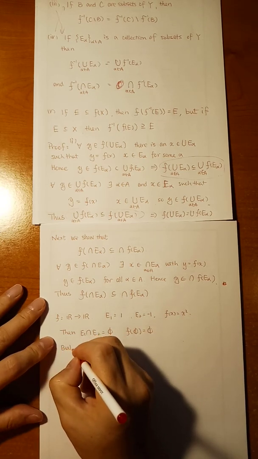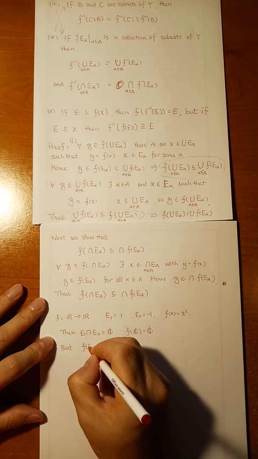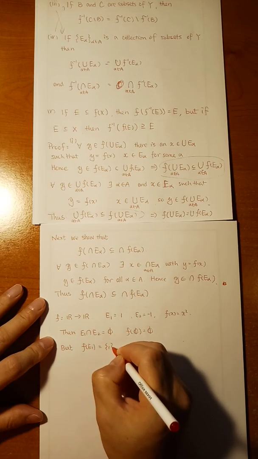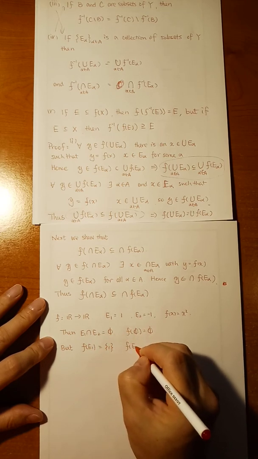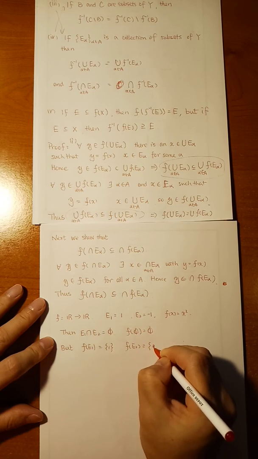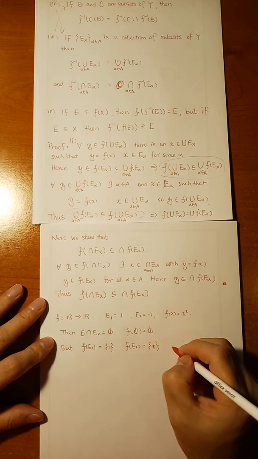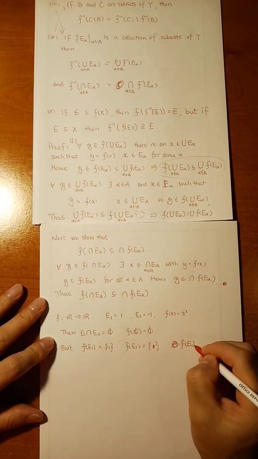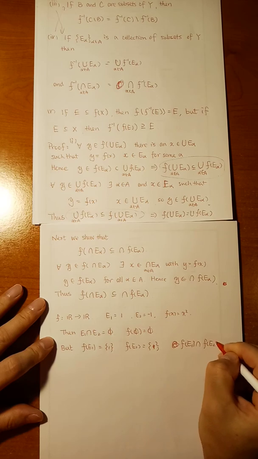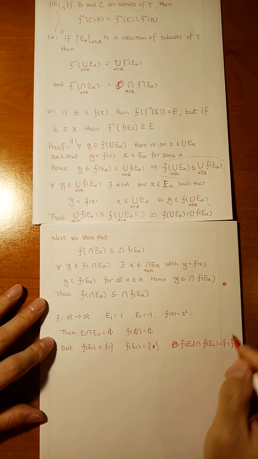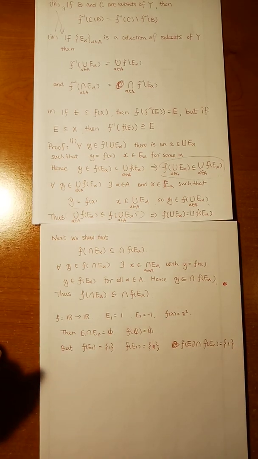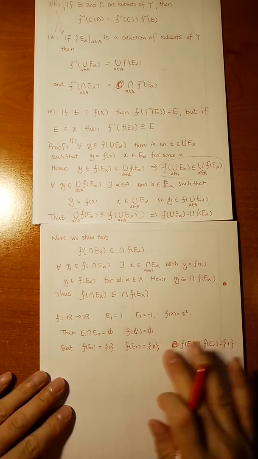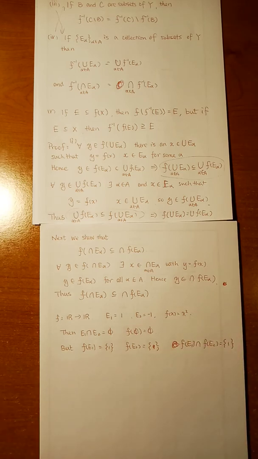But f of E1 is the singleton {1}, and f of E2 is also the singleton {1}. So the intersection of f(E1) and f(E2) is {1}. Here is an empty set, here is {1}. So that's a proper subset.